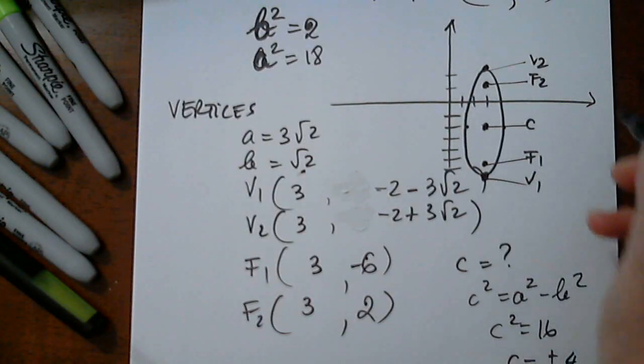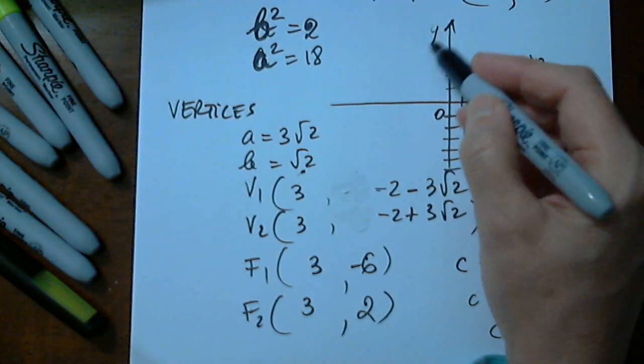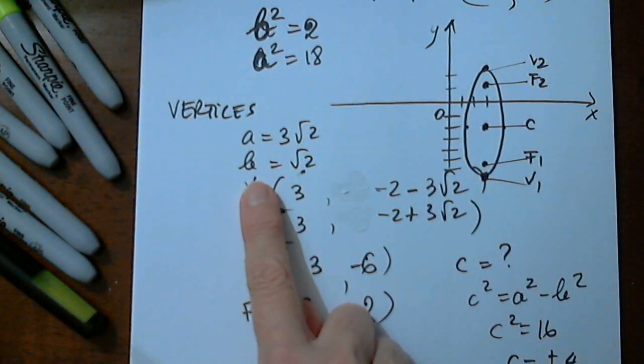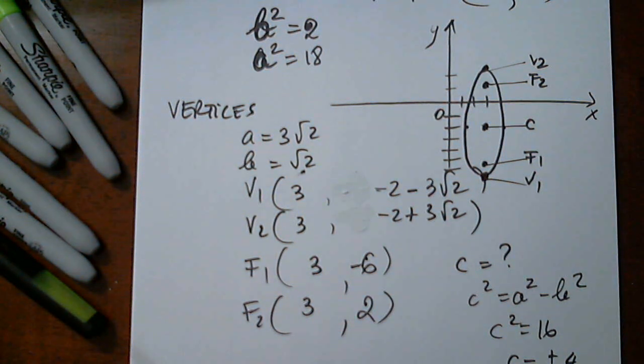Any questions? How do we know how wide the ellipse is again? Just based off of whatever B is? Yes. So this distance, very good question.